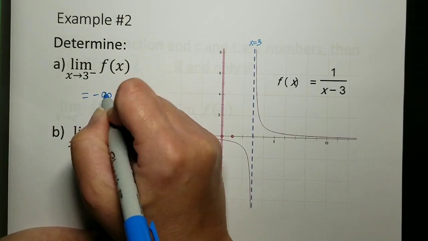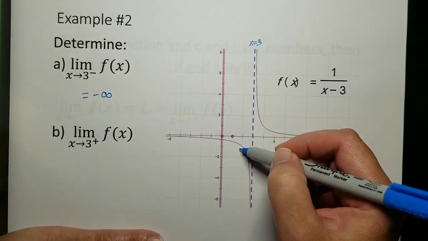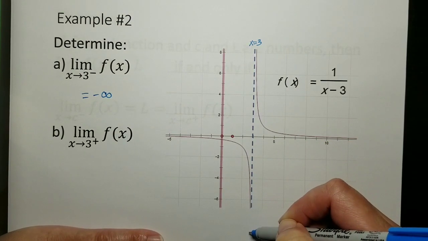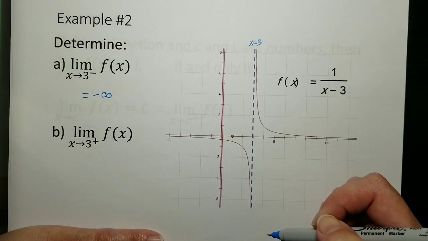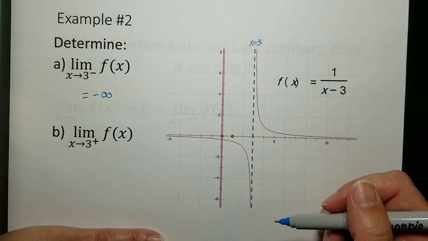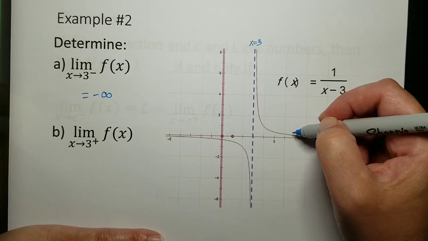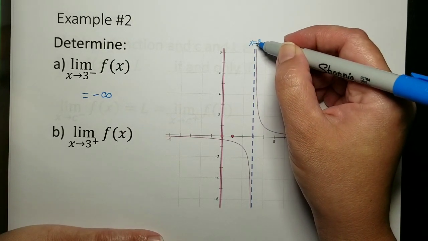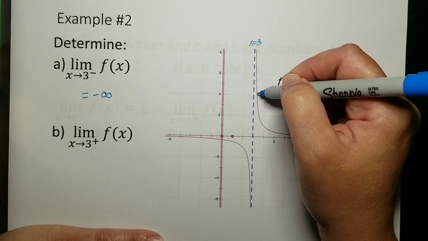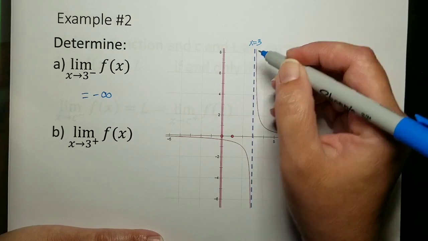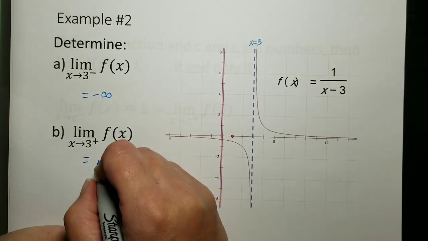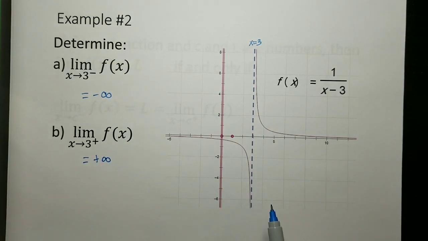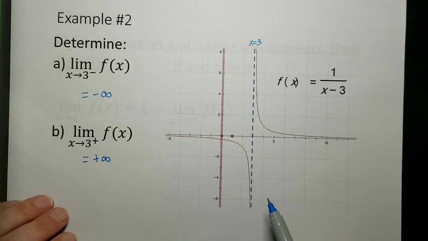As x gets closer and closer to 3 from the left-hand side, the y values go down, down, down into the big negative numbers towards negative infinity. And as x approaches 3 from the right-hand side, we're going up and up and up. So here we're increasing towards positive infinity. The limit as x approaches 3 from the right-hand side, or the positive side, is positive infinity.